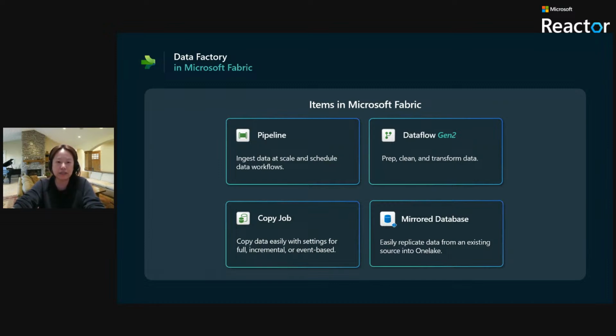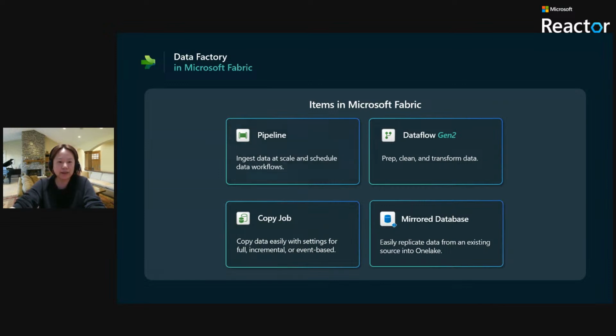If you need to transform the data, there is Dataflow Gen2 that you can use to prepare, cleanse, and transform your data. It supports hundreds of data sources as well. You can also author the copy job, which is an easy way to fulfill data movement needs, where you can do both historical and incremental copy across data sources with ease.